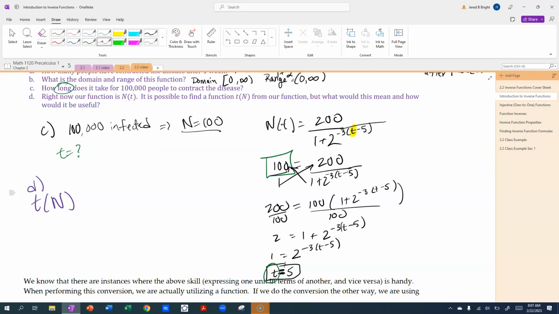Okay, well, t would be the time, so it would be a function giving time. So we're getting time given a number of people who have contracted the disease.